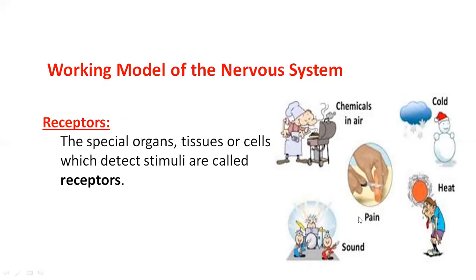There are certain pain receptors which detect the pain, and several other receptors which are involved in detecting the sound. So that is how the specialized organs, tissues, or cells are present in our body to detect a specific kind of stimulus.